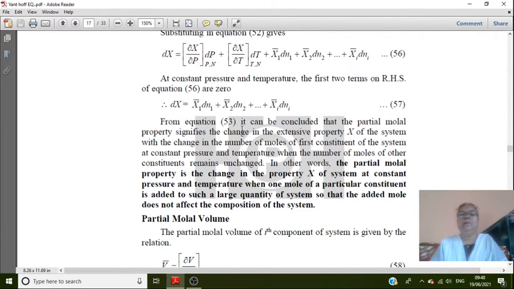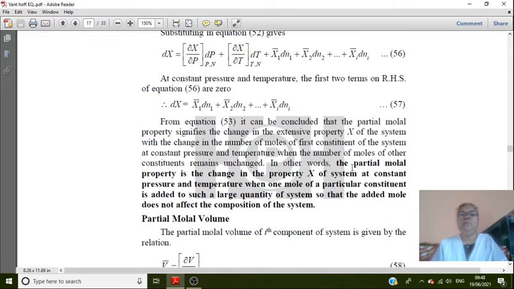I repeat, from equation 53 it can be concluded that the partial molar property signifies the change in extensive property X of the system with the change in number of moles of the constituent at constant pressure and temperature, when the number of moles of other constituents remains unchanged.